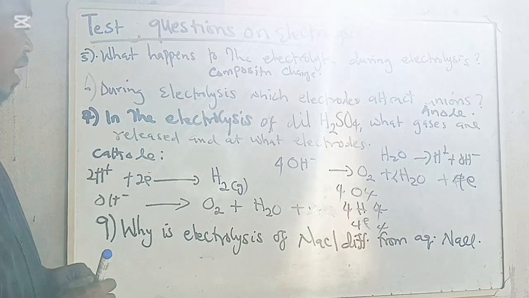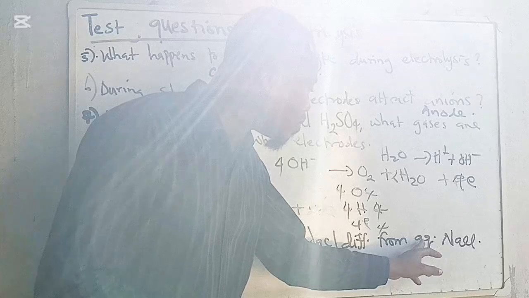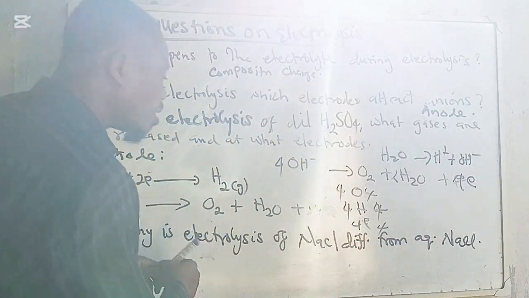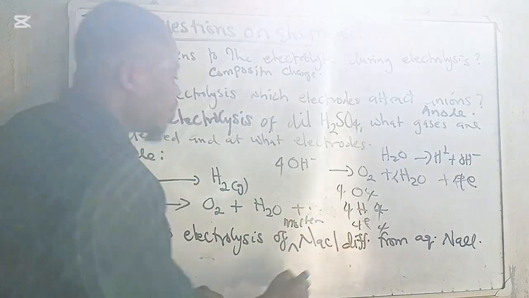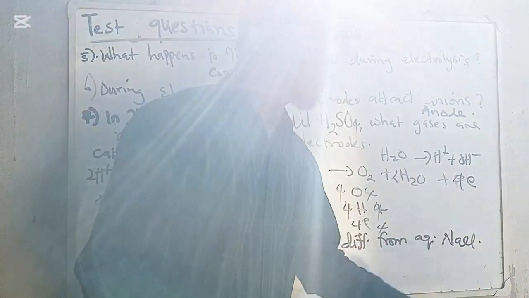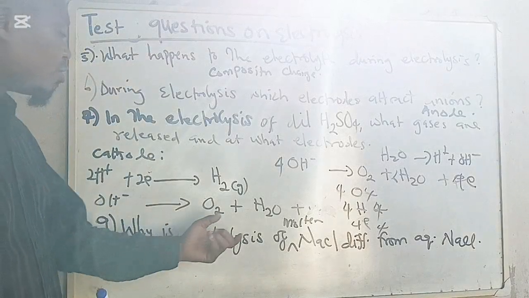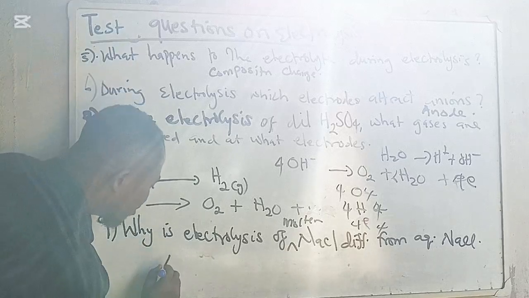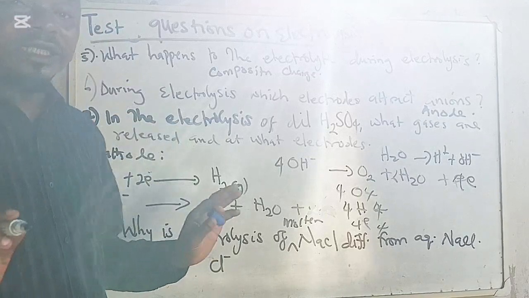Now, final question for now. Why is electrolysis of molten sodium chloride different from aqueous sodium chloride? Simple. The simple reason is that the electrolysis of molten sodium chloride involves the ions, sodium ion and chloride ion only, because it is molten, there is no water.